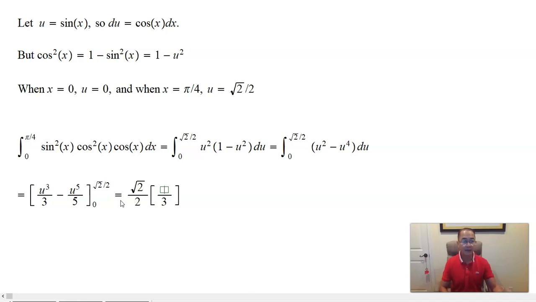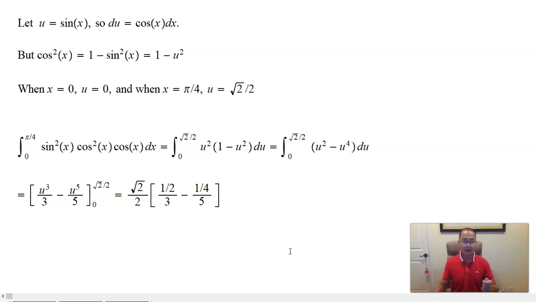We're going to erase all of that. Square it, we just get 2 over 4, or simply 1/2. So similarly, for the u to the 5 over 5, that's down to a u to the 4 over 5. 4th power is the square of the 2nd power, so we're going to get 1/4.